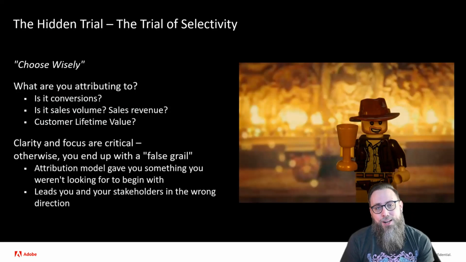But choosing wisely, what does that mean? It means, what are you attributing things to? Is it conversions? Is it sales volume and sales revenue, like pipeline revenue? Is it customer lifetime value? There's a lot of things we could bubble up to, and it'll vary a little bit based on your business and goals and priorities.